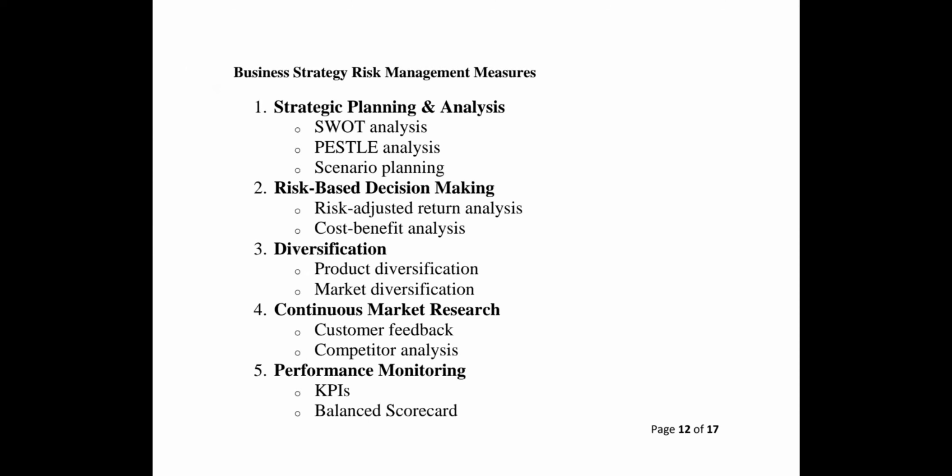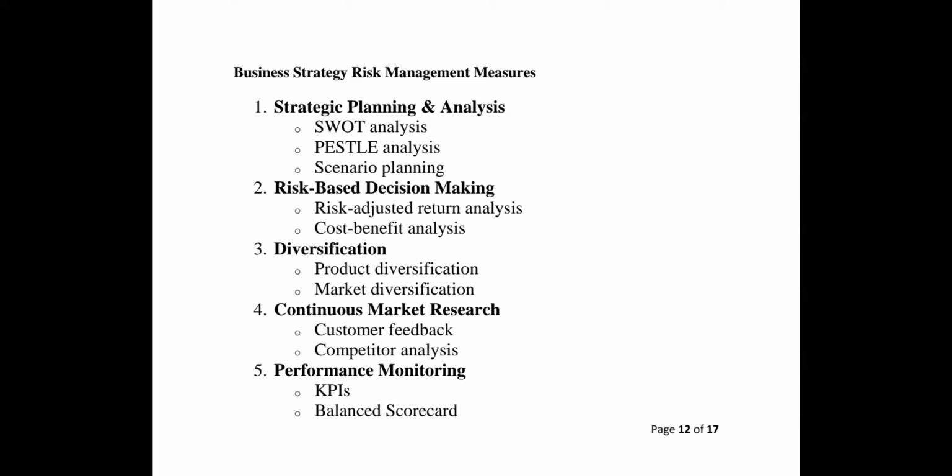Business strategy risk management measures. One, strategic planning and analysis, that is SWOT analysis, PESTLE analysis, scenario analysis. Two, risk-based decision making, risk-adjusted return analysis, cost-benefit analysis. Three, diversification: product diversification, market diversification.